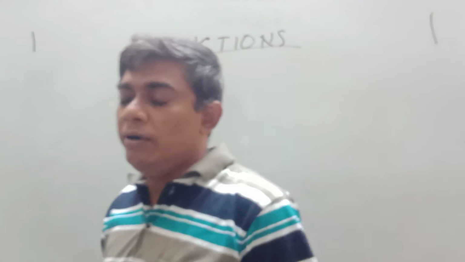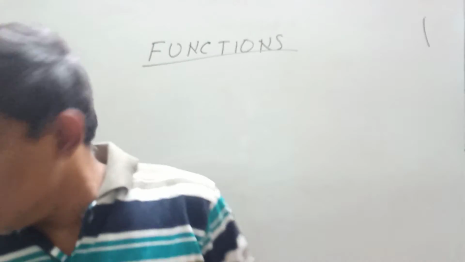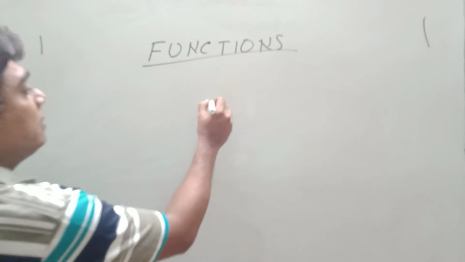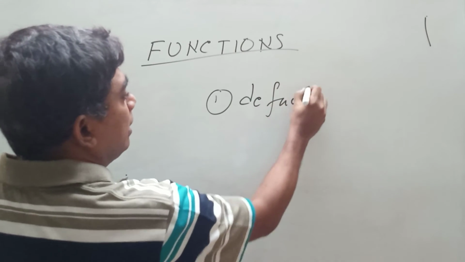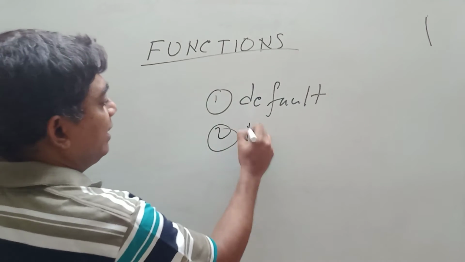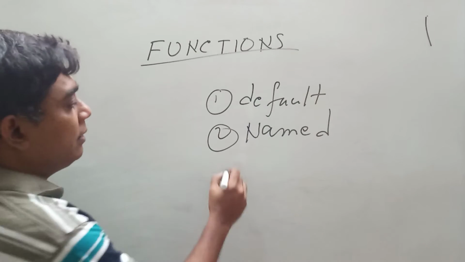Now we will discuss different types of arguments or parameters. So Python has 3 types of arguments. First one is default argument. Second one is named argument.